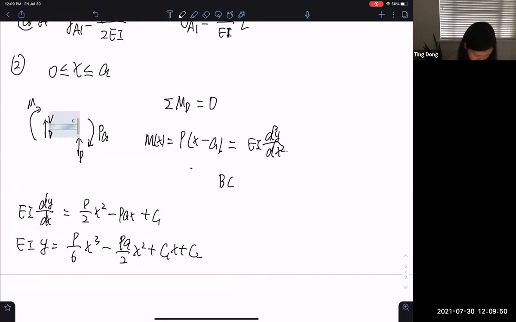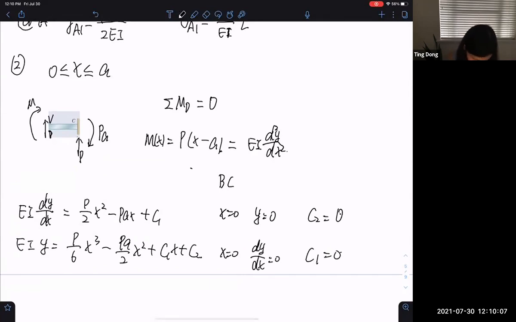At C, when x equal to 0, y equal to 0, so C2 equal to 0, and at x equal to 0, the rotation is equal to 0, so C1 equal to 0.